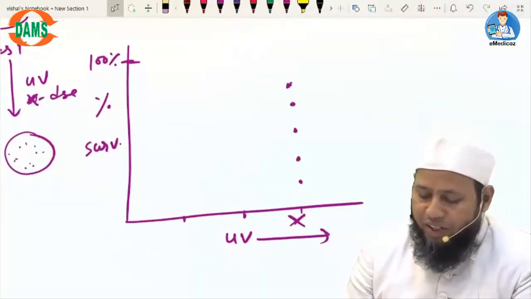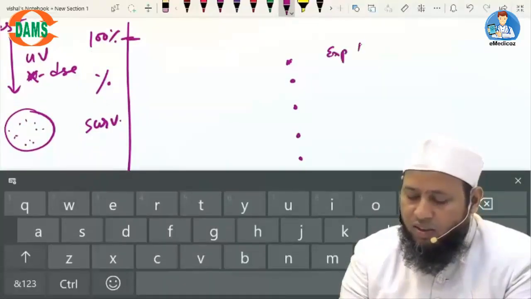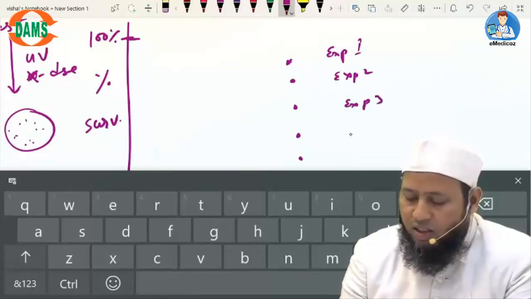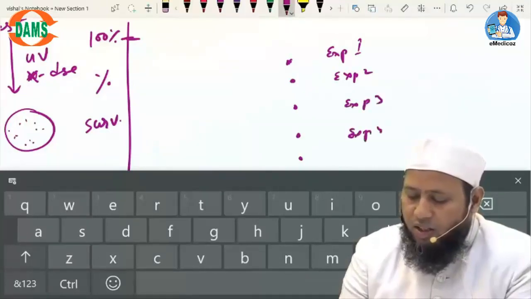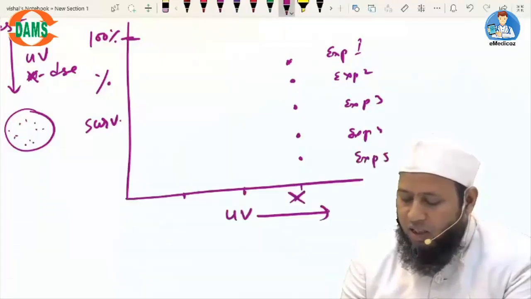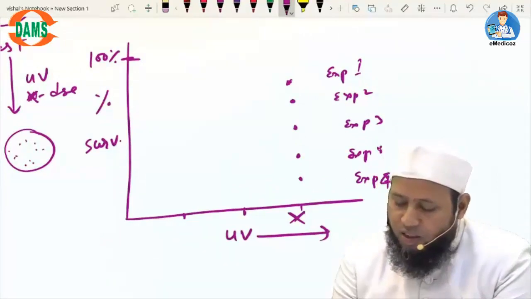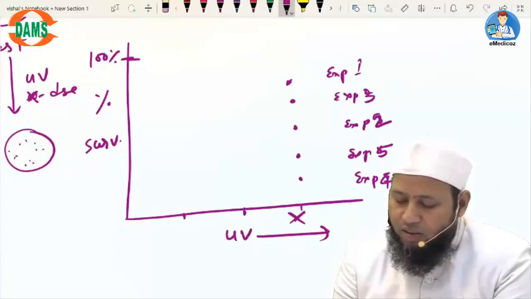Many readings. Let's suppose this was experiment 1, and then experiment 2, experiment 3, experiment 4, and experiment 5.